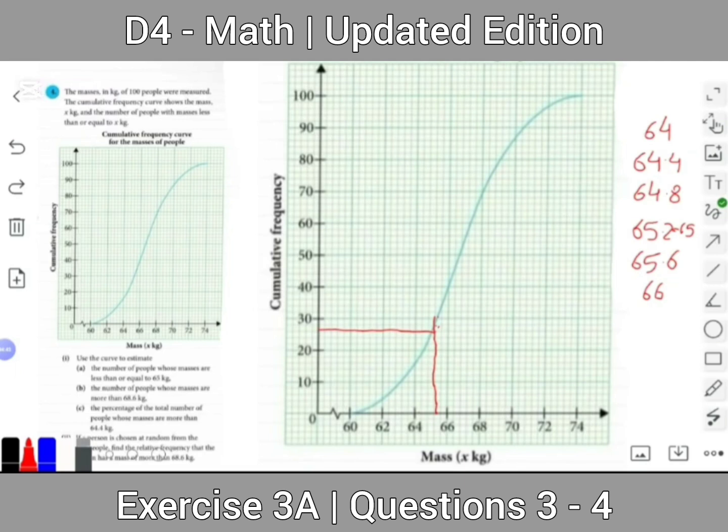Since we know that each unit along the y-axis is equal to 2, here we have 20, 22, 24, and it is equal to 26. So the reading of 26 indicates that 26 people have a mass less than or equal to 65 kg.